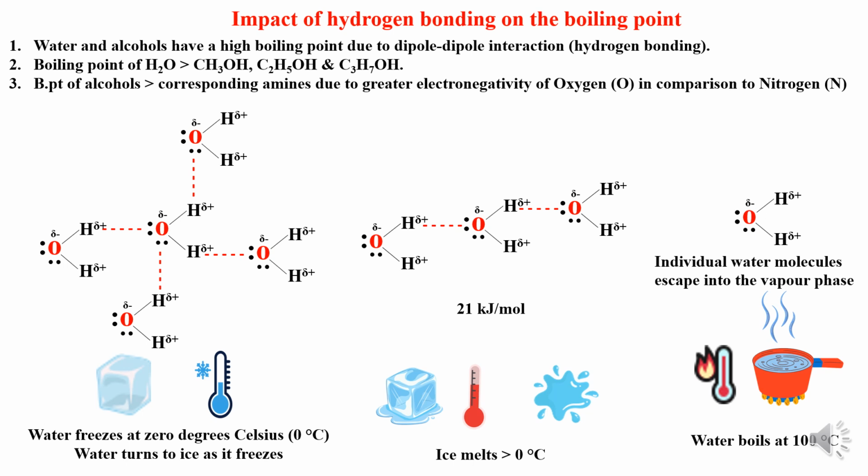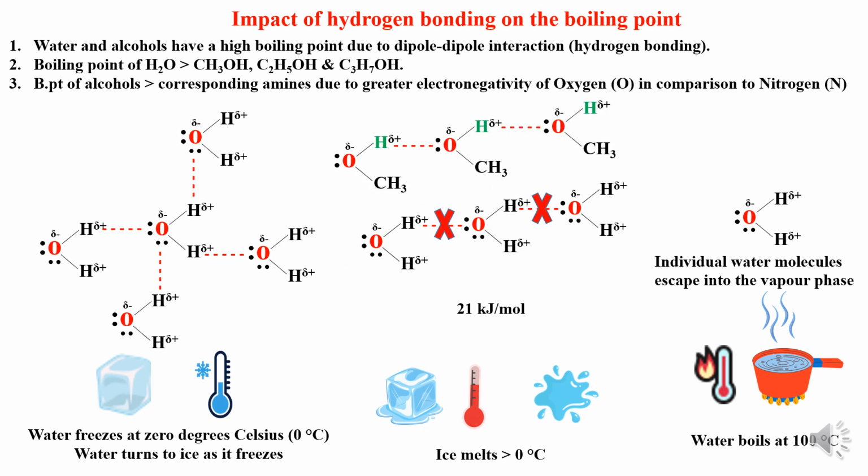Now, the heat energy, that is thermal energy provided by the heat, weakens the hydrogen bond, ultimately disrupting the hydrogen bonding interaction, and ultimately breaks the hydrogen bond. And thereby, when the water boils, the hydrogen bonds are completely broken and the individual water molecules escape into the vapor phase.